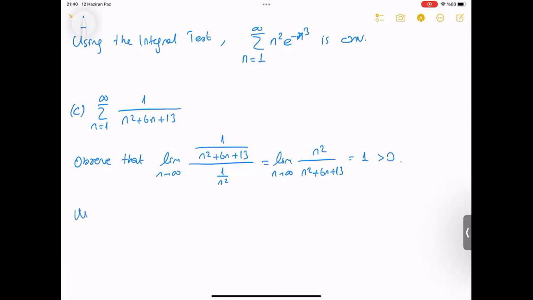And we know that this series 1 over n squared, which we plugged here, is convergent because it's a p-series and p is equal to 2. As 2 is greater than 1, this is always convergent when p is greater than 1. So it's convergent.